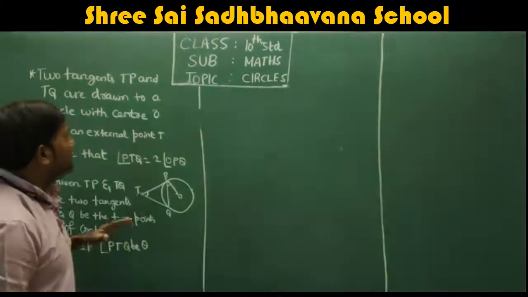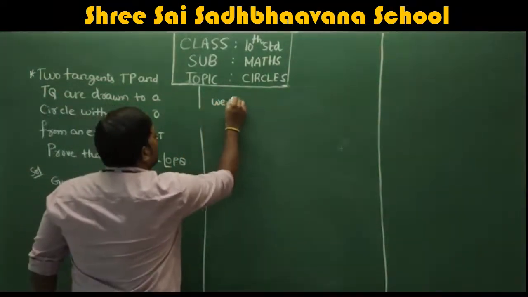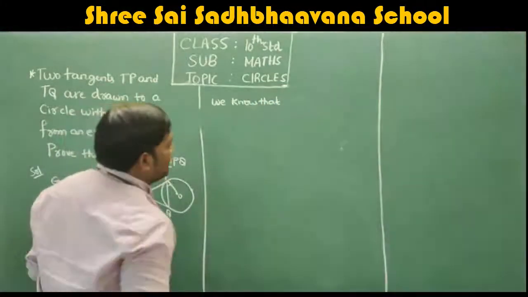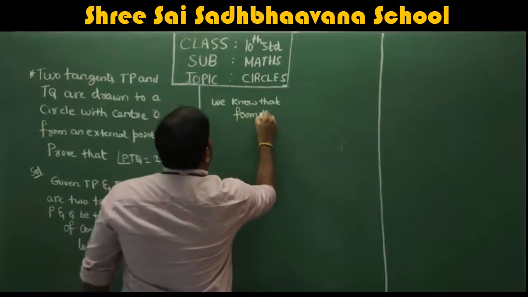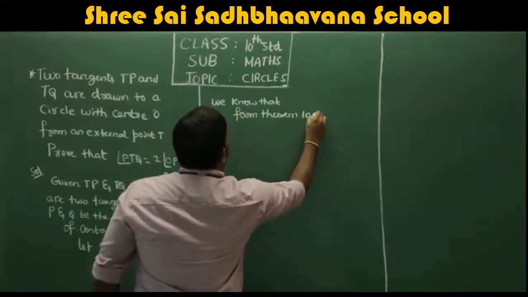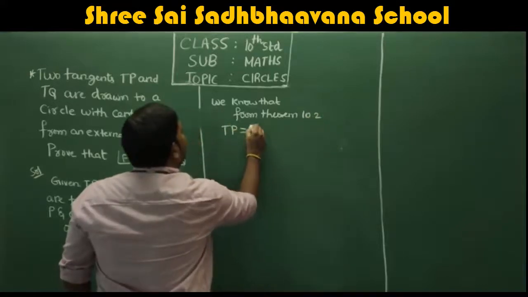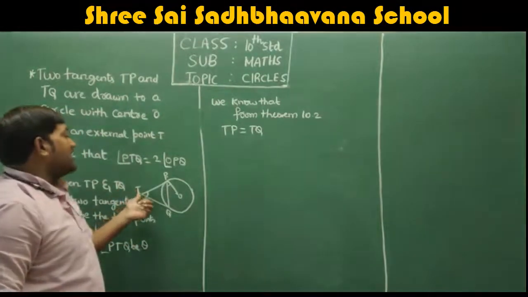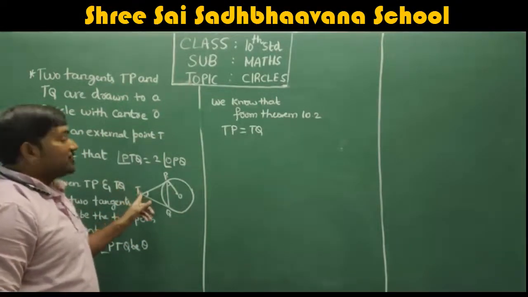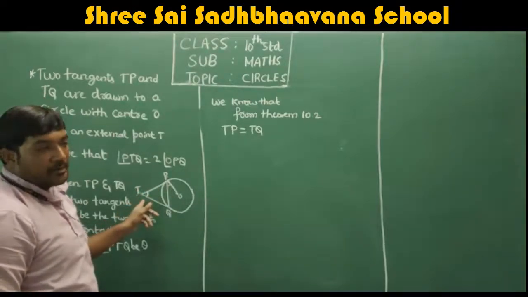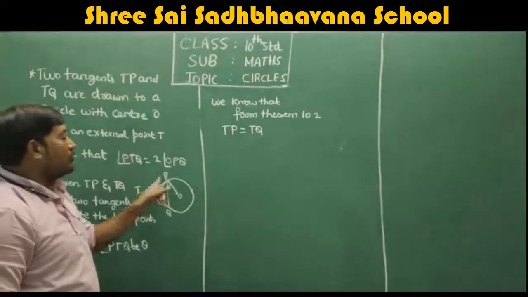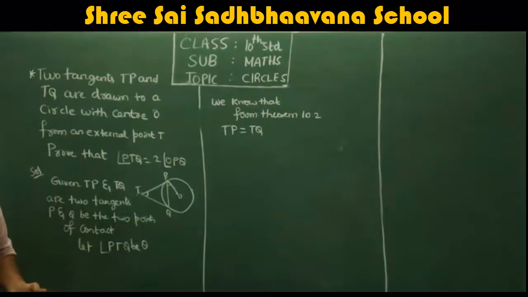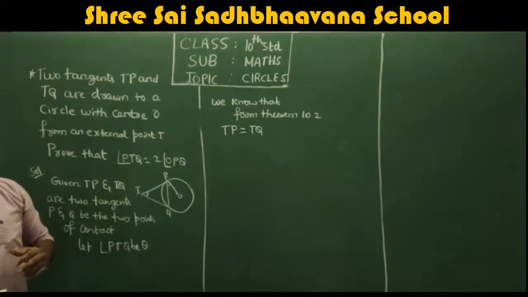And we know from theorem 10.2 that TP is equal to TQ, because theorem 10.2 states the tangents drawn from an external point to the circle are equal. T is an external point, we have two tangents TP and TQ, so both lengths should be equal. That was the theorem we proved in the last class.